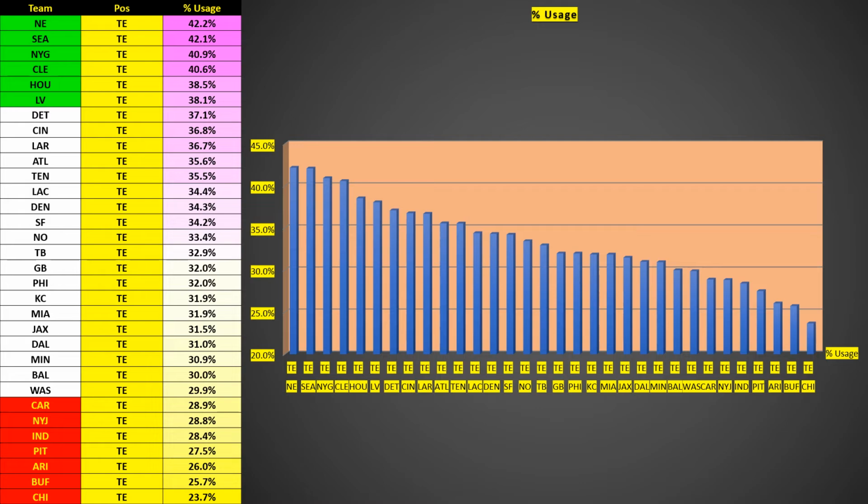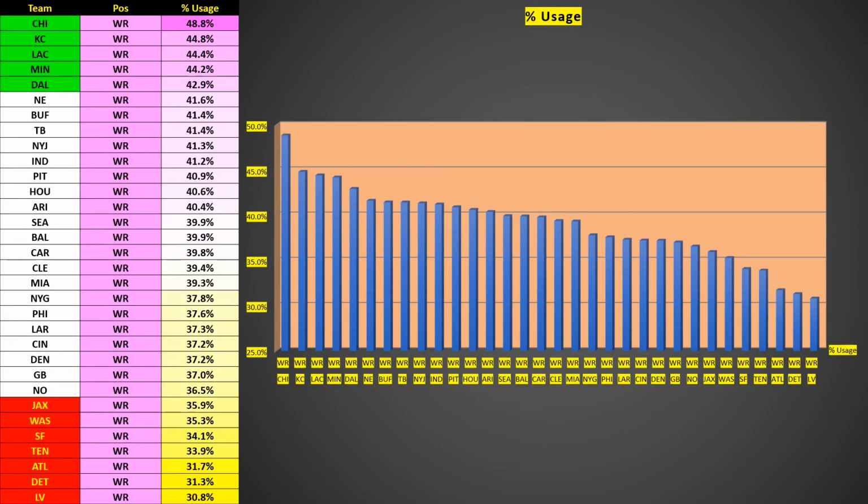Logan Thomas, look right here. That's not good. Andrews, those are some struggling tight ends that people thought would be doing better, and look how the team is using them. So I'm hoping things do better for some of those. Maybe it's the time to trade for Logan and Andrews.